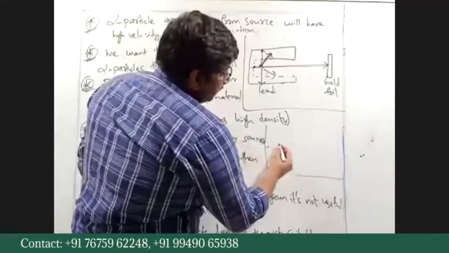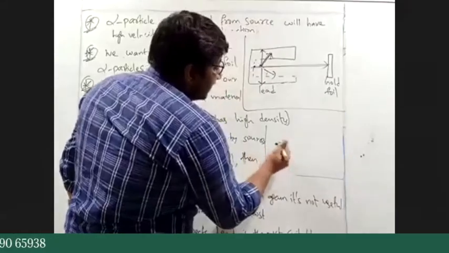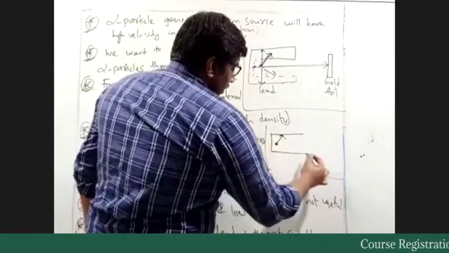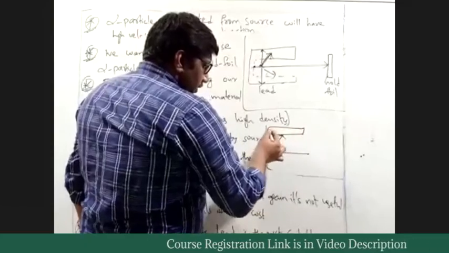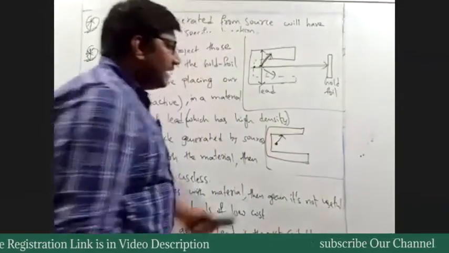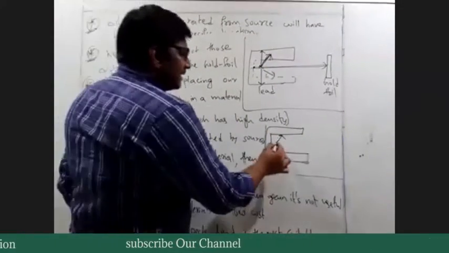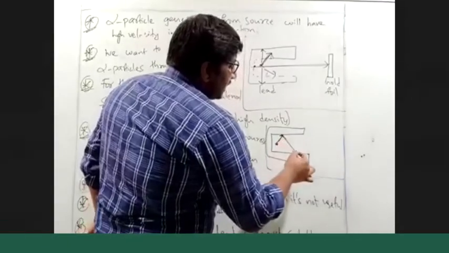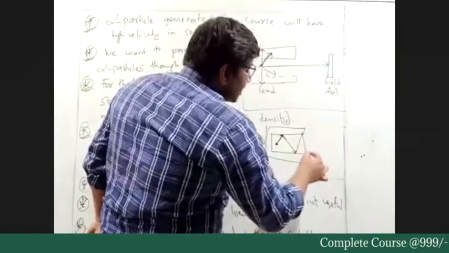So here we have alpha particle generated, its velocity is in this direction. We have our source kept in a material like this. So it will hit it. After hitting this, it will move in this direction. Again, after hitting it, again it will move in this direction.